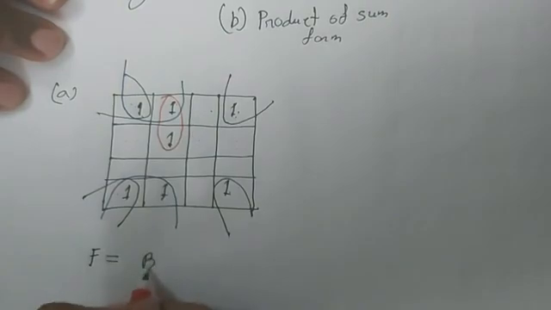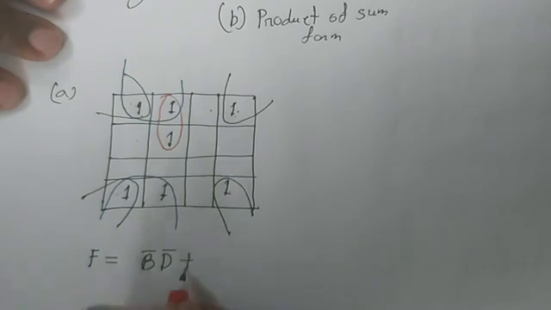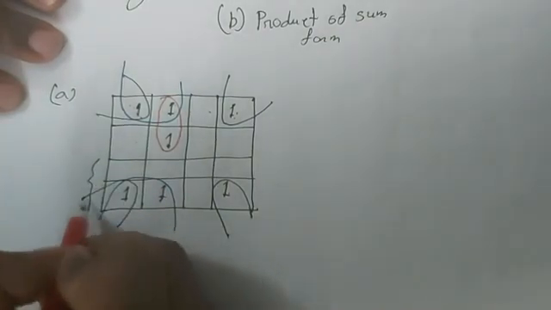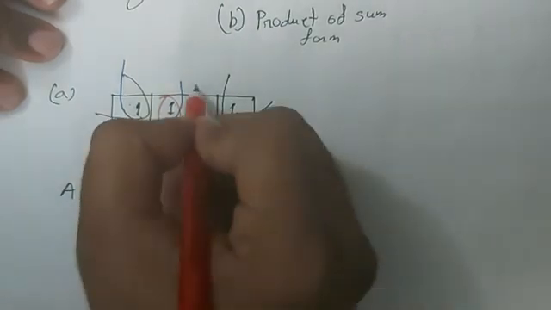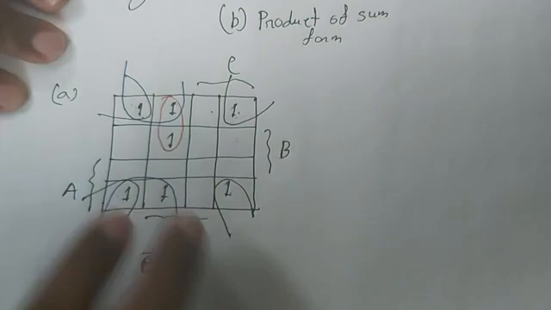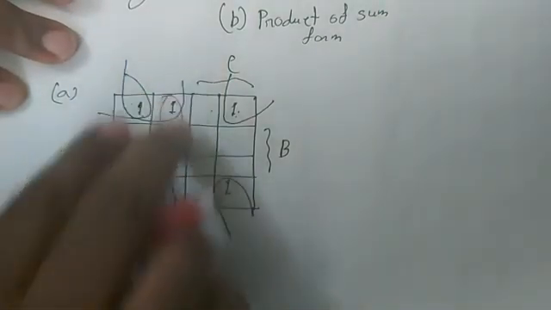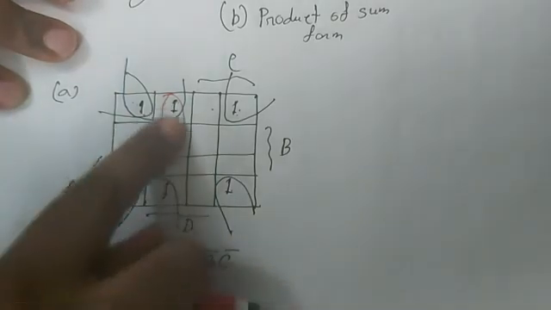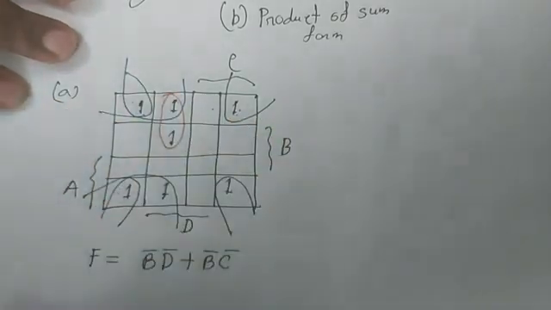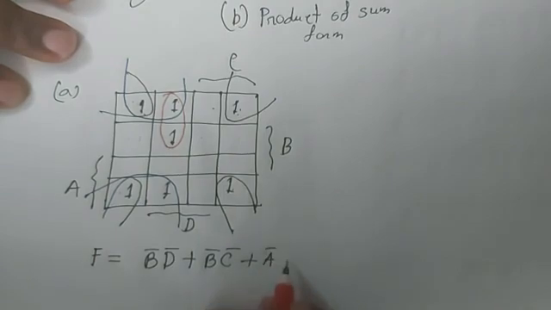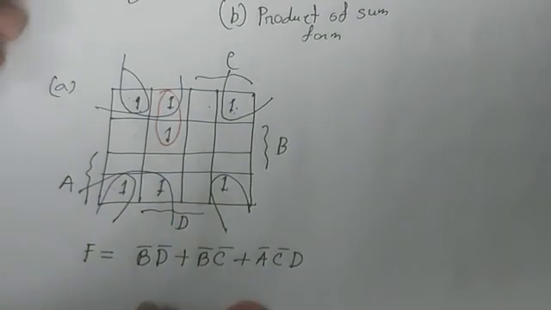I hope by this time you all know A, B, C and D. These other 4 are obviously B prime and C prime, and for these 2 it will be A prime, C prime and D. So hopefully you got this answer for number a.